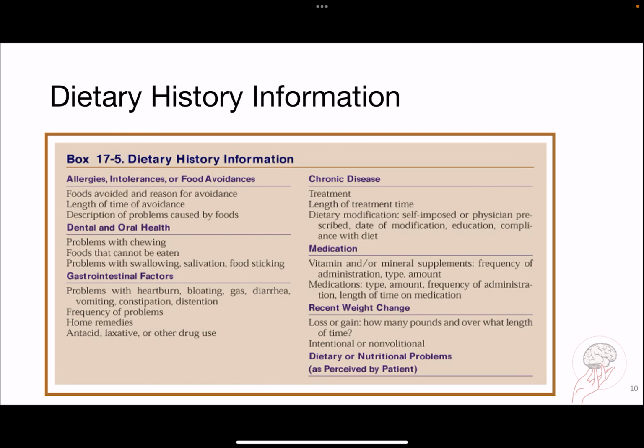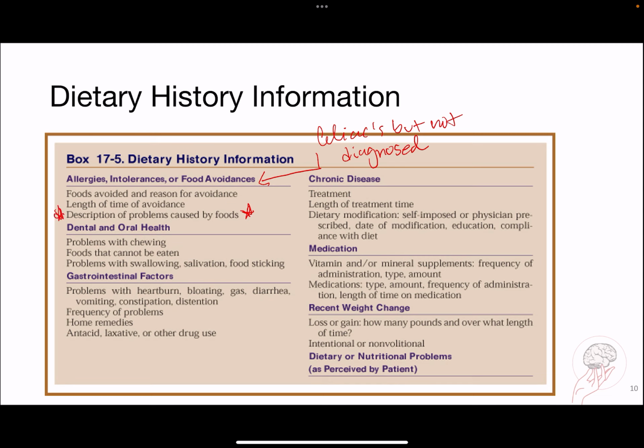So in diet history information, some information that is important to consider is allergies, intolerances, and avoidances. So why are these foods being avoided? Food avoidances can be tricky, especially when people tell you they have celiacs, but it's not diagnosed or self-diagnosed. They probably don't have celiacs. But you'll want to know a description of the problems caused by the foods.